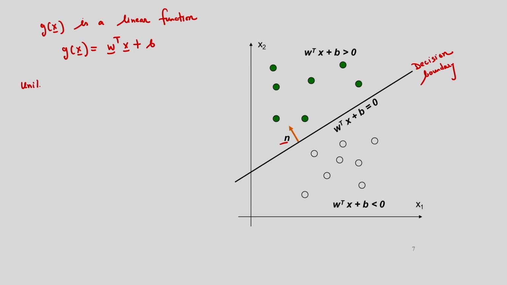This is the unit length normal vector of the hyperplane. We are just considering this decision boundary as a hyperplane.